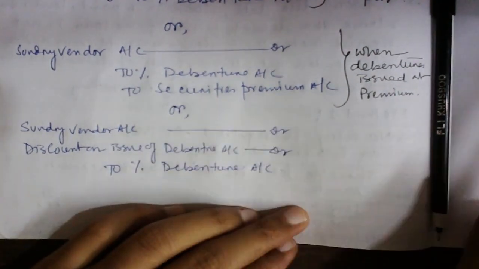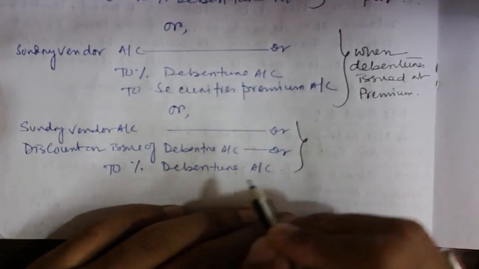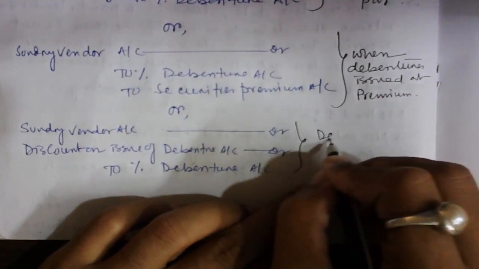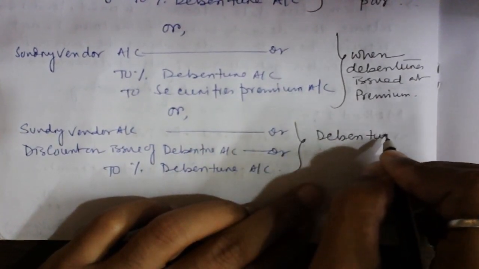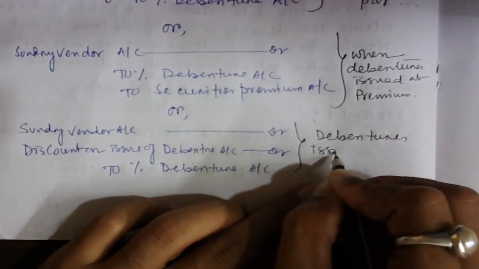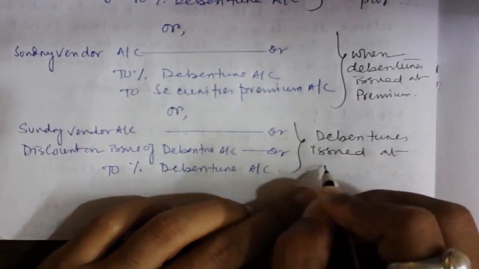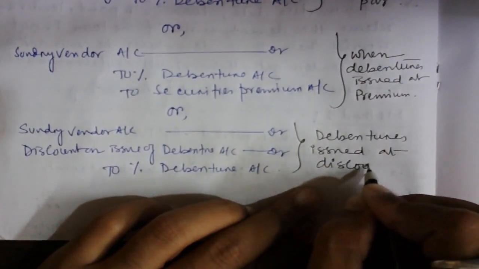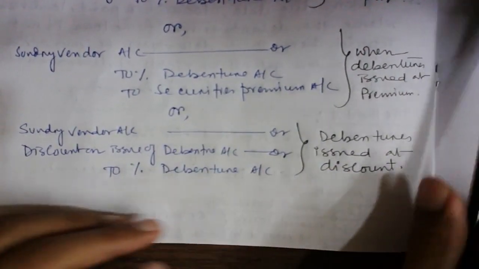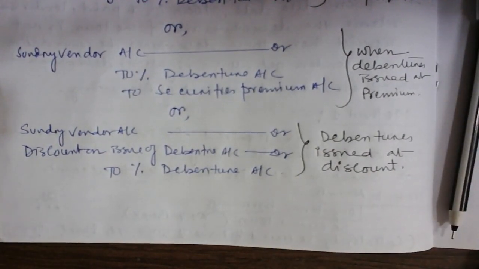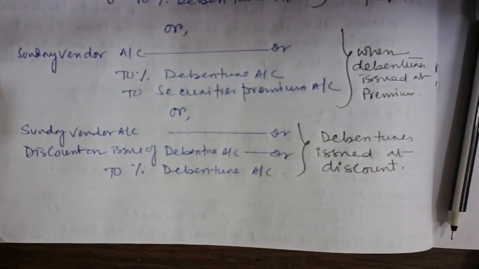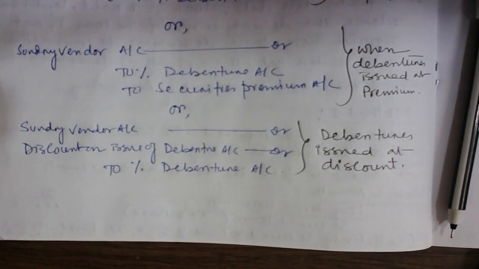Okay, done. So you can write here: debentures issued at discount. We have completed this portion.